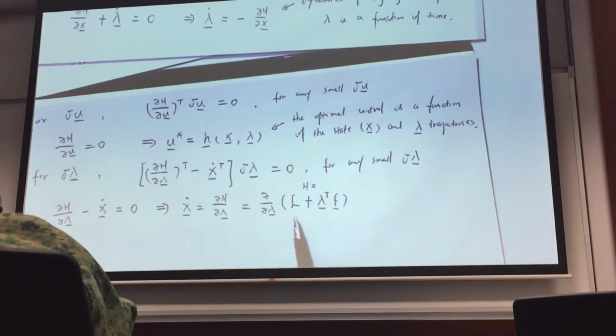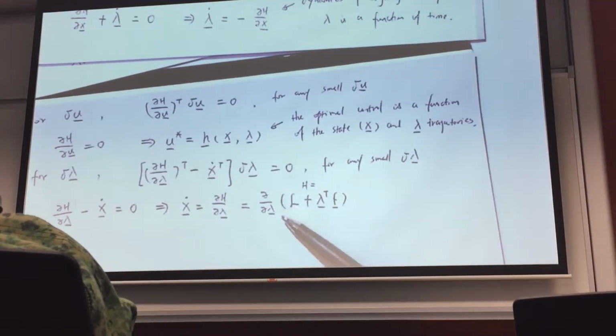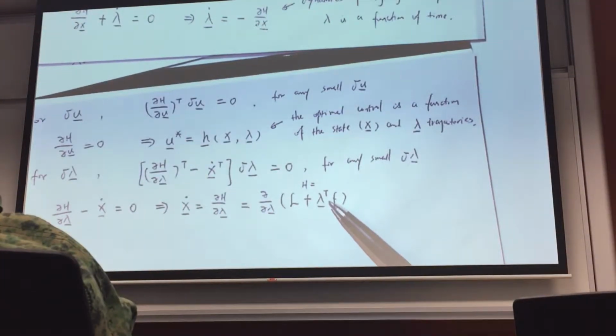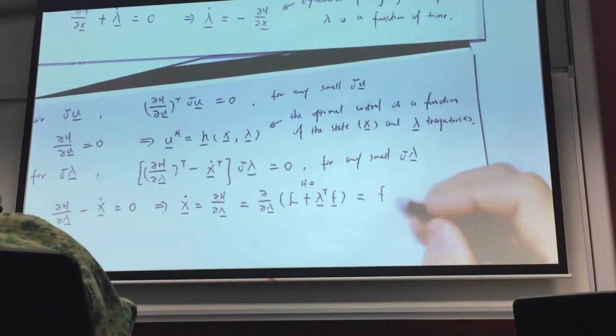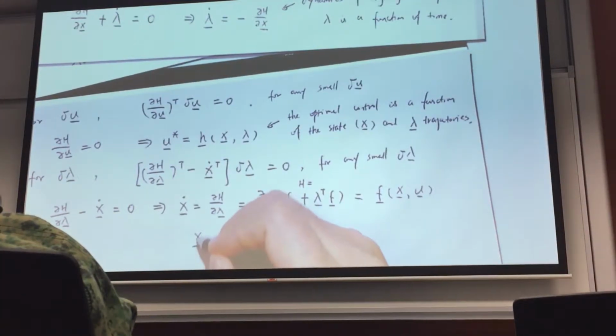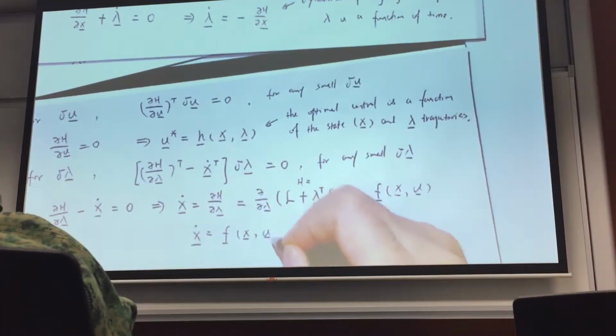If we calculate the derivative, the L is independent of lambda, so its derivative will be 0. The lambda transpose with respect to lambda gives you the identity matrix. So this will eventually give you the f, which depends on x and u. So here we got the equation x dot equal to f(x, u).